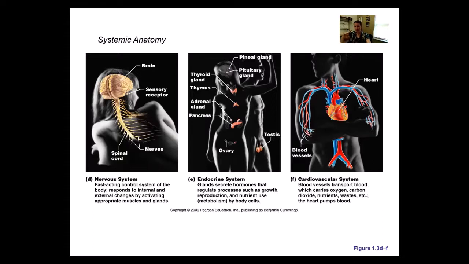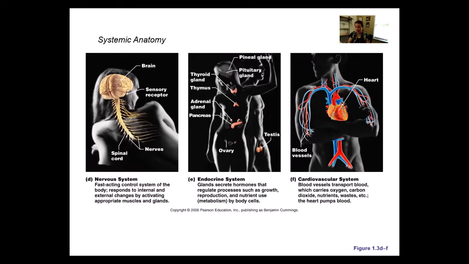Okay? On the other hand, we have another central control organ system. This one is kind of the opposite/complement to the nervous system, and that is called the endocrine system. The endocrine system is different than the nervous system in that it is not releasing electrical signals. It's actually releasing chemicals called hormones into the blood, and the blood is going to distribute these signaling molecules all throughout the body. Once a signaling molecule is delivered to whatever target organ we need, then those cells are going to change in response to that hormone.